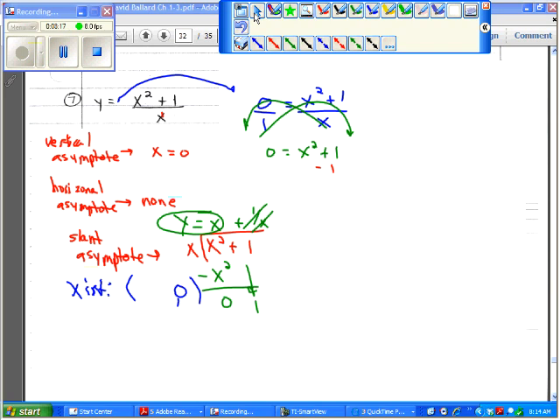Get the junk off of x, so I'm going to subtract 1. I'm going to have x squared equal negative 1. Take the square root, and I get x is equal to plus or minus i, which tells me there's no x-intercept, because those come out imaginary.